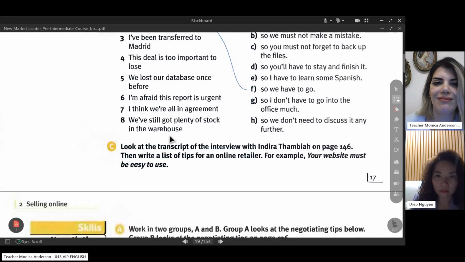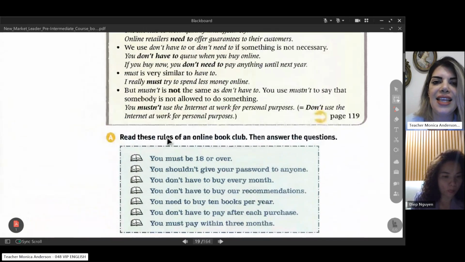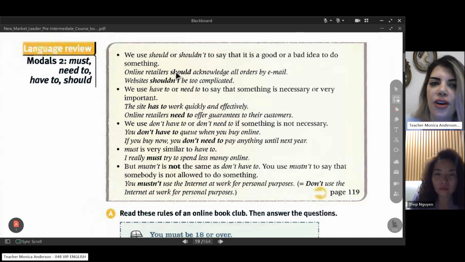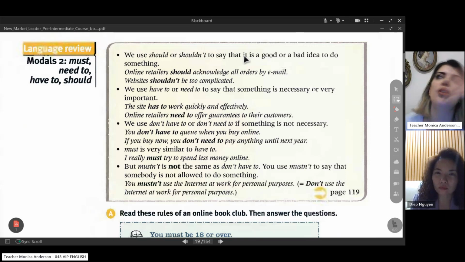Well, let's get started. As you can see, has to, need to, don't have to, don't need to, must not. We have all of them here. We use should or shouldn't to say that it's a good or bad idea, as I told you, something like giving advice or recommendation.